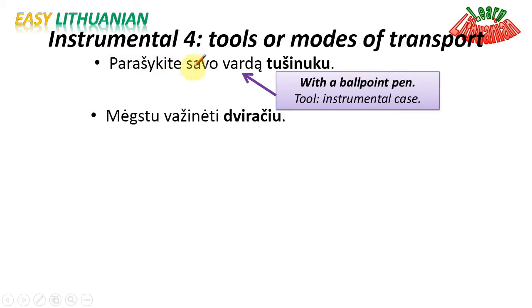So write your name with, well, in English you could say with, and in Lithuanian you could also say su tušinuku, but perhaps more often the construction that is more frequent is without the su preposition. So tušinuku means with a ballpoint pen, because this instrumental case carries the meaning with in itself.